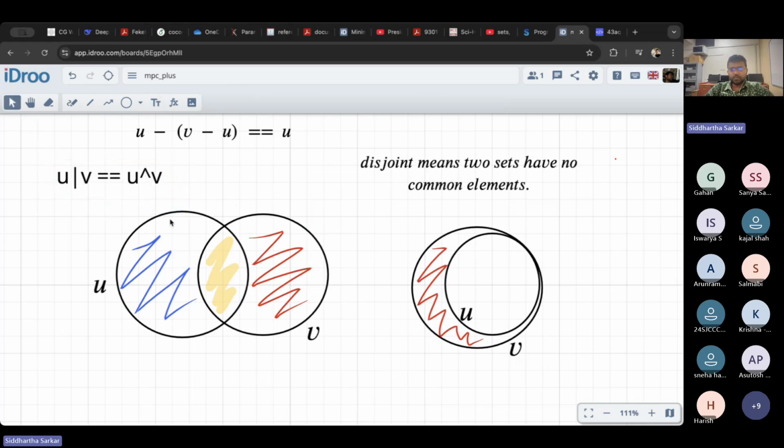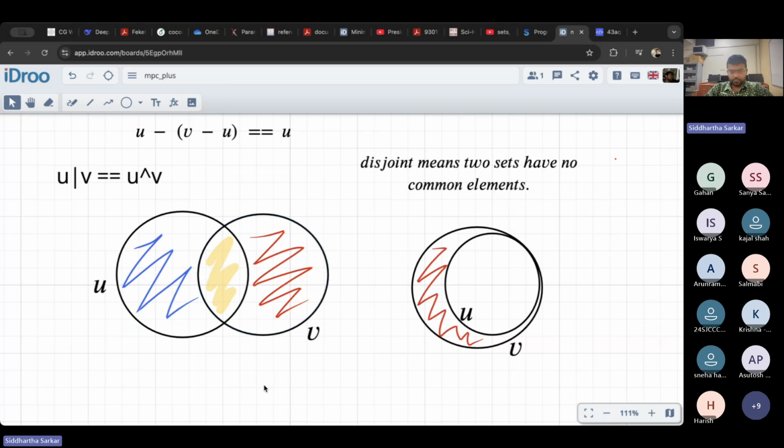U caret V means only the part which is exclusive to U union the part which is exclusive to V. So this blue part and the V part. So the question is, in which situation the blue part union the red part will be equal to the entire thing?